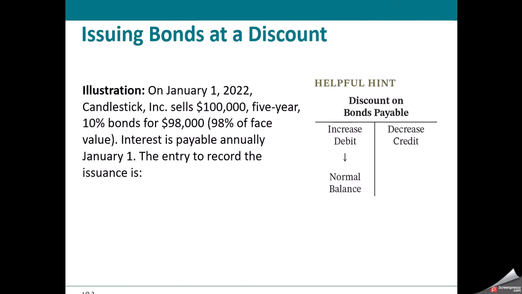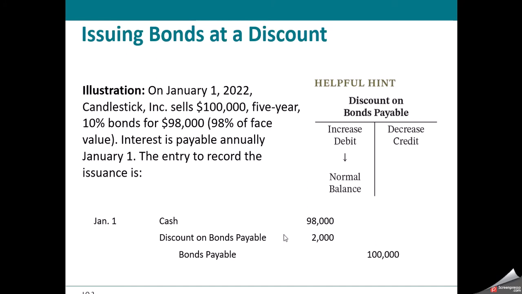Okay, so here we have an example of one that sells at a discount. It's $100,000 bonds. We sold them at 98% of the face value for $98,000. So now in our entry, we debit the cash at $98,000. We credit the bonds payable for $100,000, and then we debit an account called a discount, the discount on bonds payable.